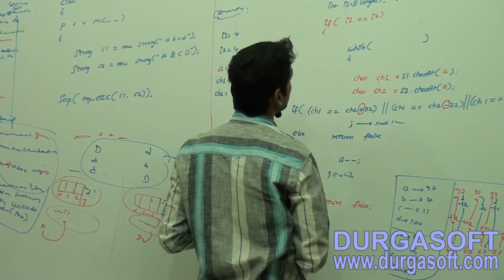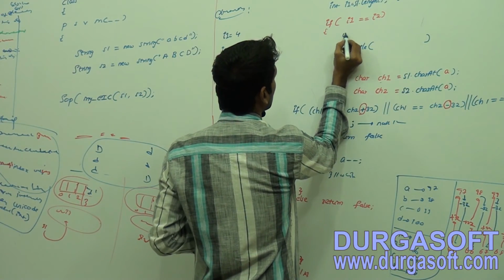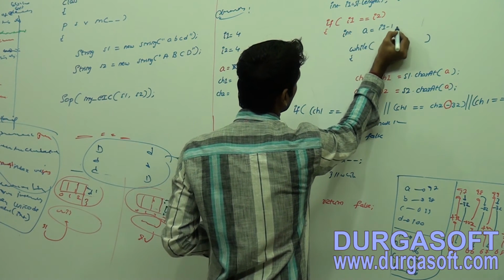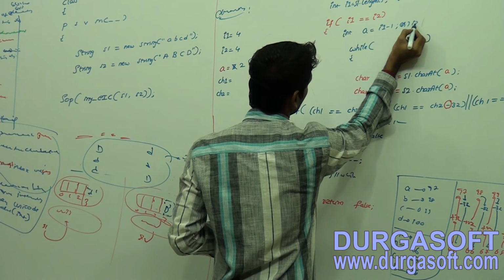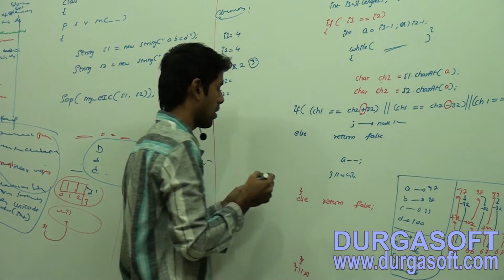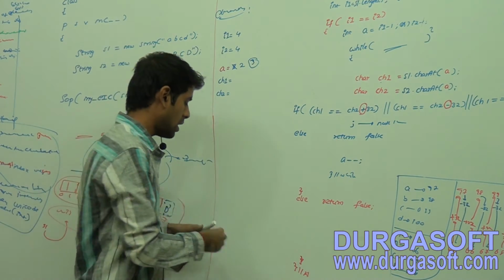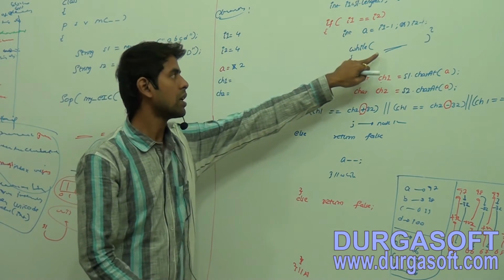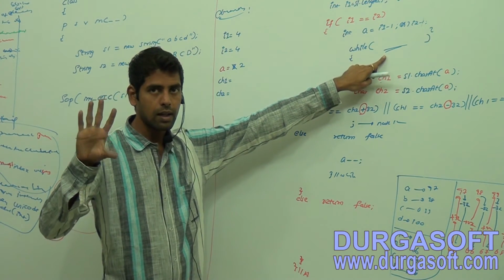Now int a equals i1 minus 1, otherwise i2 minus 1. Here we have to write the condition, we don't know it yet. Now observe, a value is becoming 2 here. Control will go here, think that it is 2, we will write that condition later.